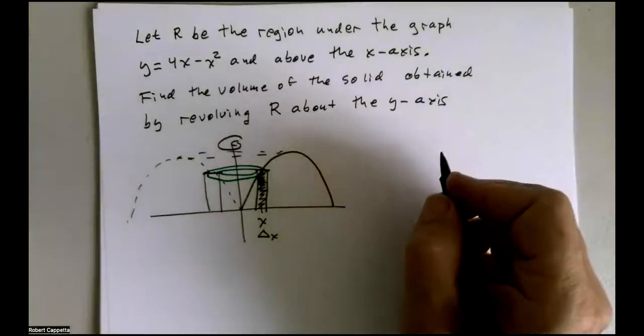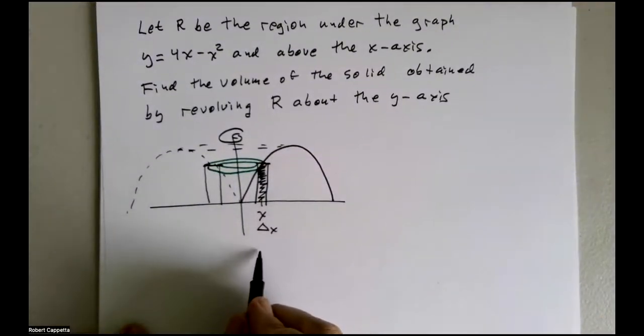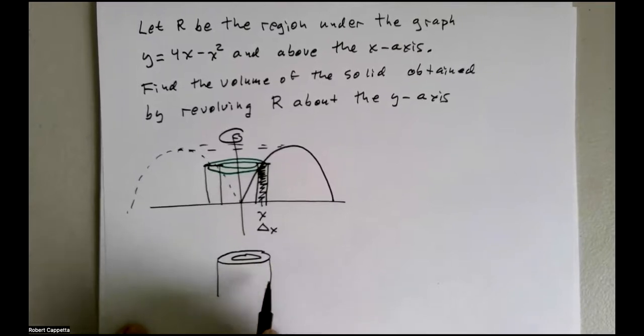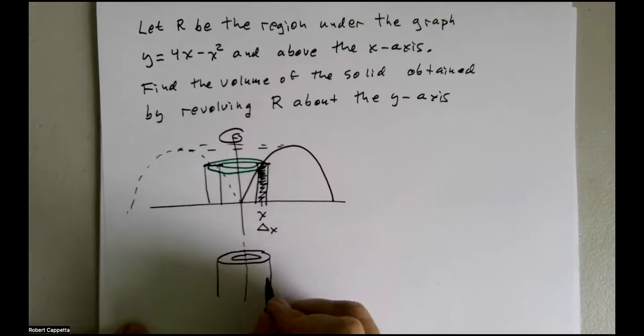Now, we have a shell here. So let's draw a similar version underneath, approximately the same size, just to help us see this. Here's the axis of rotation. And there is my x.